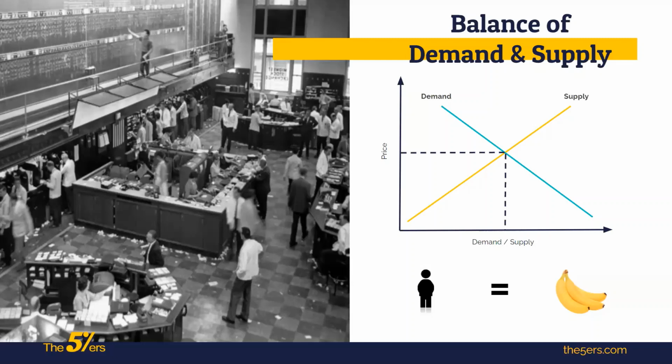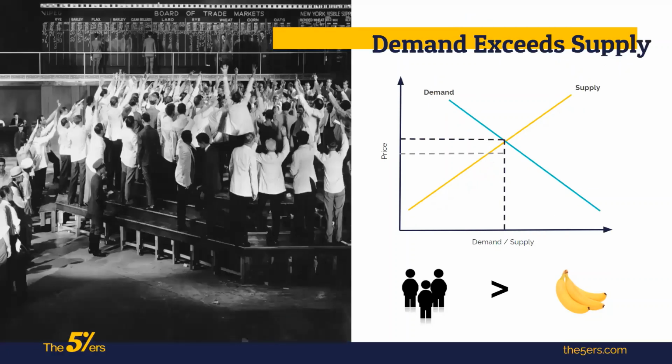Okay, so this is what we call a balance or a basing area, where demand and supply meet and coexist in peace. At one point, there's going to be a change in this balance. There are two types of change.